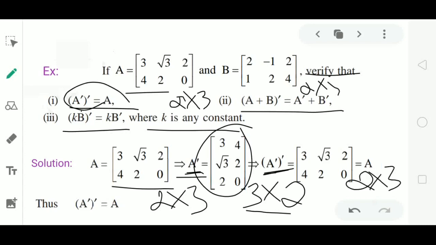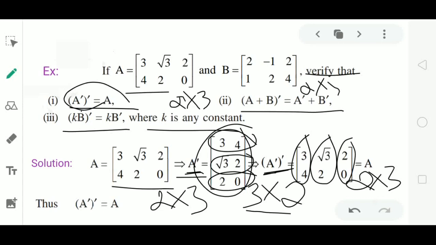The order gets reversed. The first row of A dash will be written in the first column of transpose of A dash. The second row elements of A dash will be written as the elements of second column of transpose of A dash. Third row elements of A dash are written in the third column of A dash whole dash.